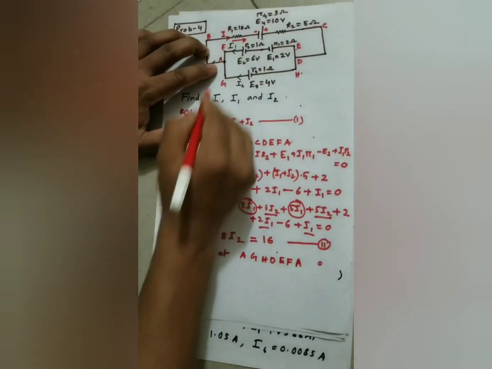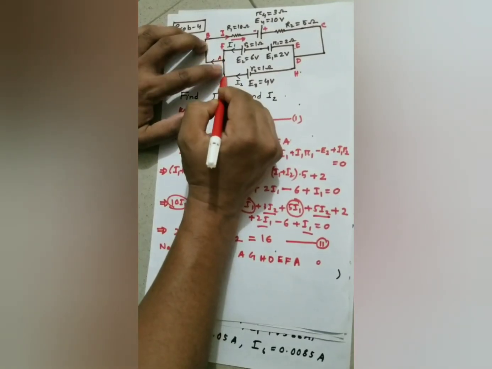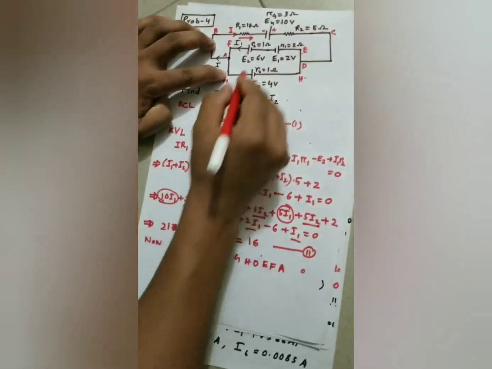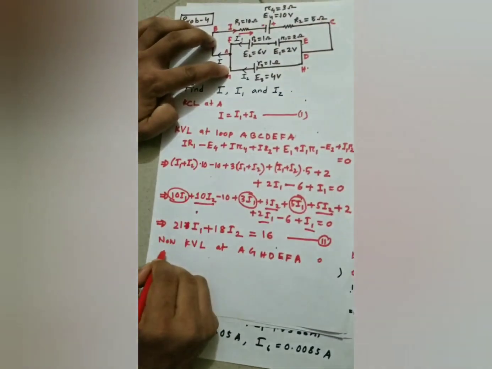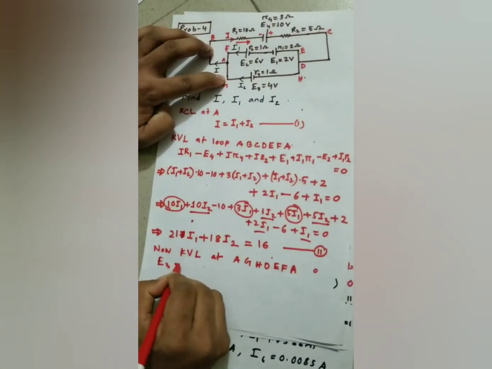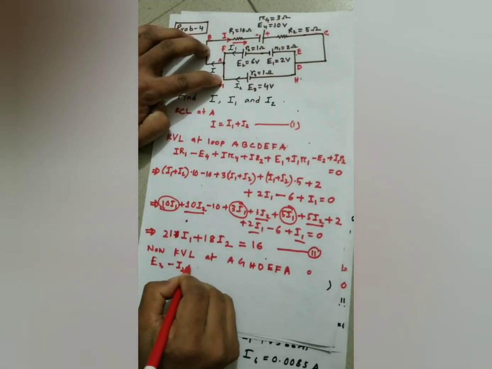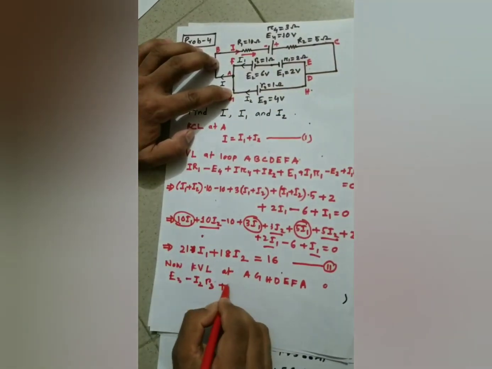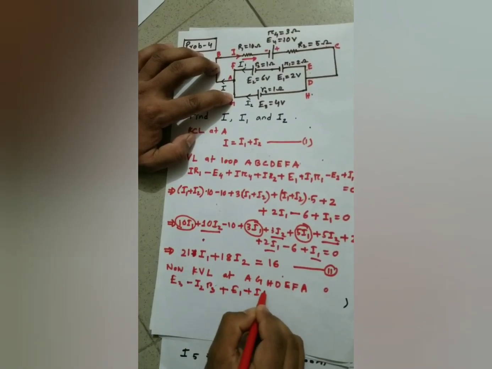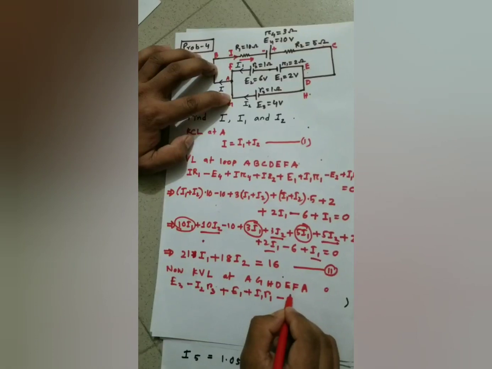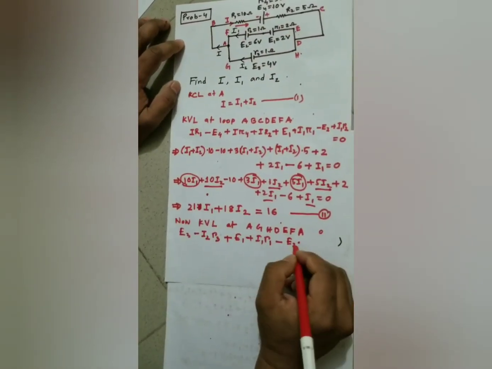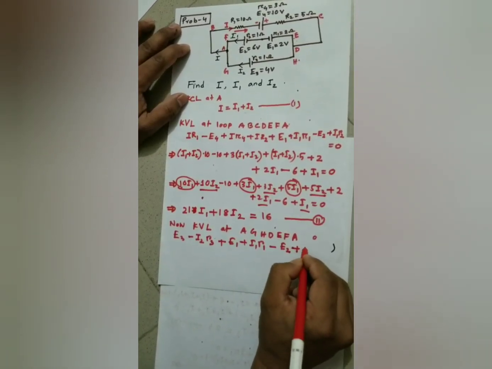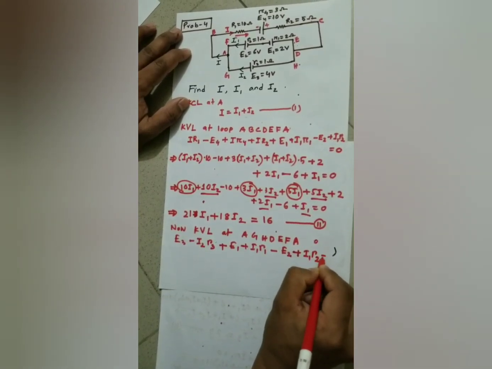If we start our journey from A, G, and when passing through the cell E3, we first face the positive terminal of E3, that means E3 minus I2 small r3, then plus E1 plus I1 small r1, and then minus E2, and plus I1 R2 equals 0.